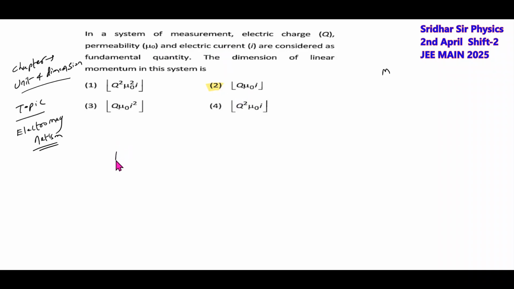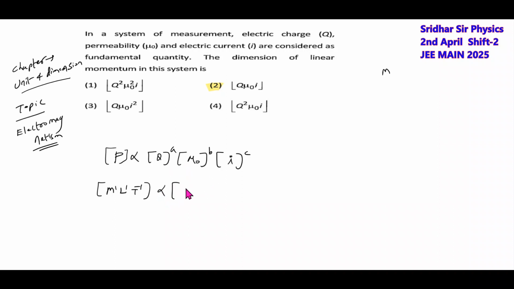The linear momentum should be proportional to charge to the power A, permeability to the power B, and electric current to the power C. What are the dimensions of momentum? The dimensions of momentum will be mass into velocity, M1 L1 T minus 1.